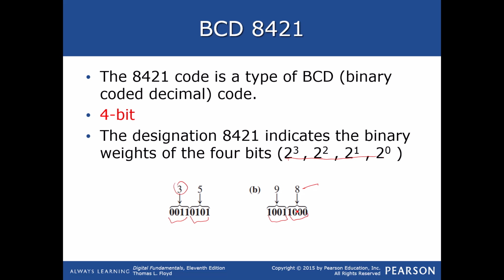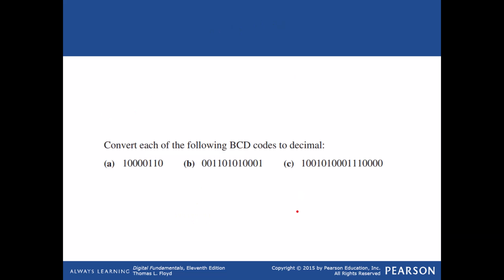Let's learn this method because it has some applications, and it can be interesting to use in other areas. But let's look at the example. If somebody gives us this number and tells us this is not binary, this is BCD, I hope this is really clear. This is not binary. This is binary coded decimal. We write a code for decimal.